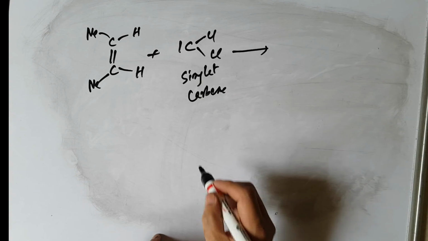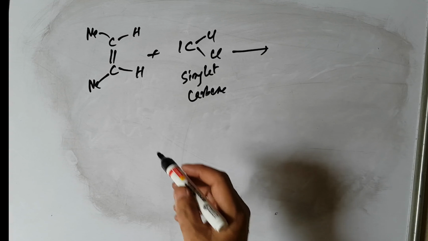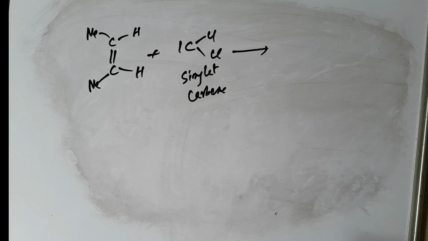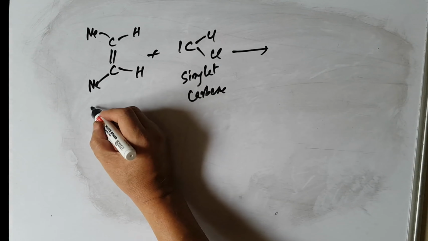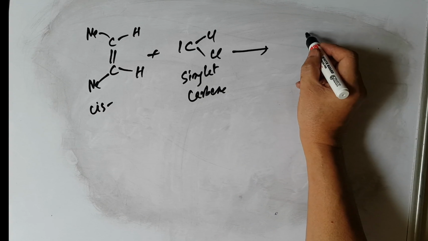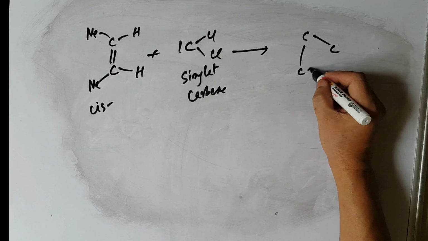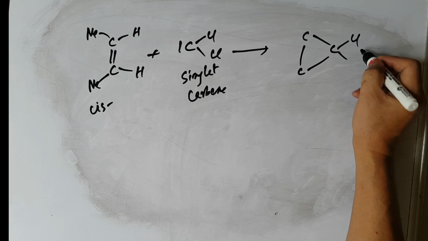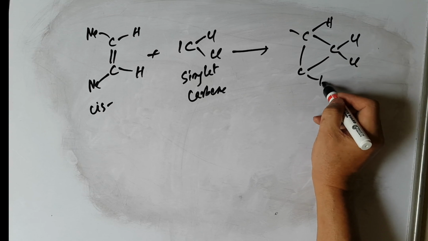So when singlet carbene is added to cis-2-butene, 1, 2, 3, 4, this cis-2-butene reacts with singlet carbene, you get a cyclopropane, with CH3 here, and hydrogen here, hydrogen here.